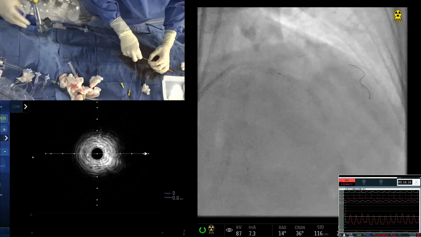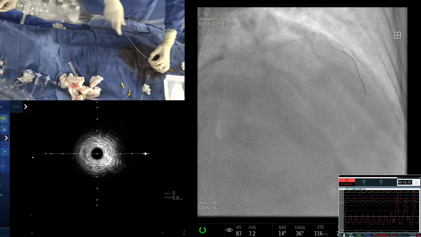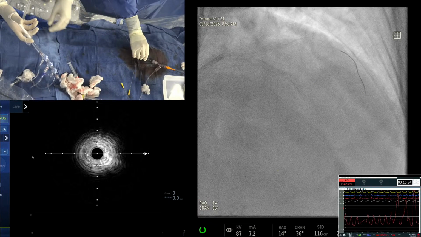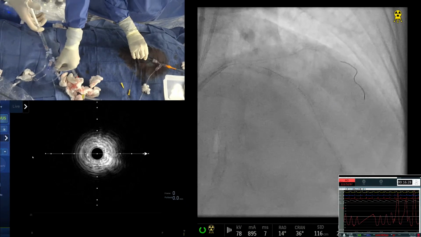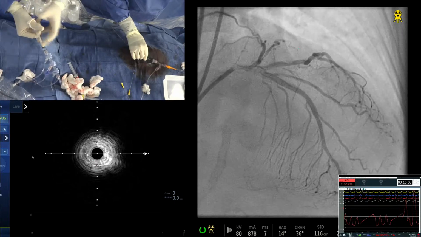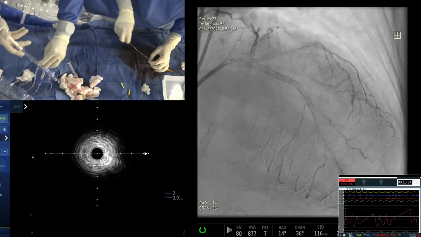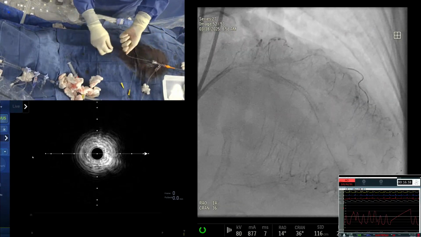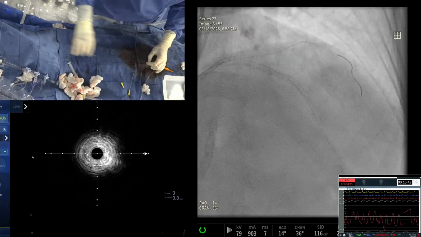Before IVL days, we would have done two burr rota of the LAD, balloons, cutting balloon. So I think, Samir, what we have learned in this case is that once IVL did not make a turn the first time, at that time we should have just decided to upsize the burr. Absolutely.